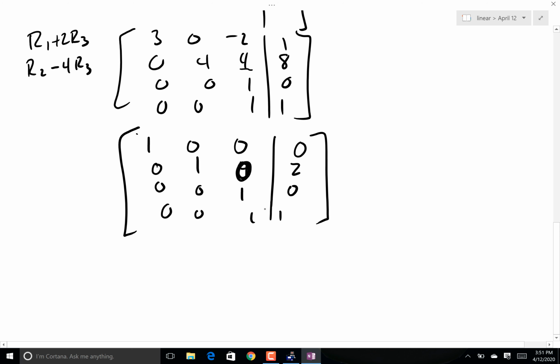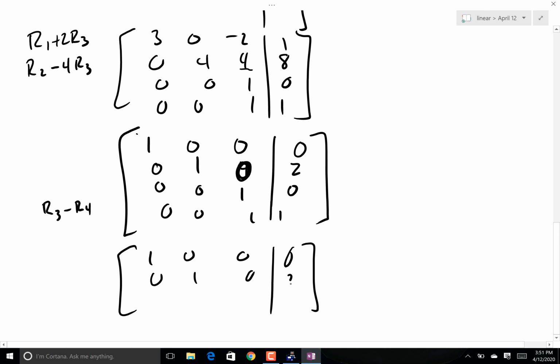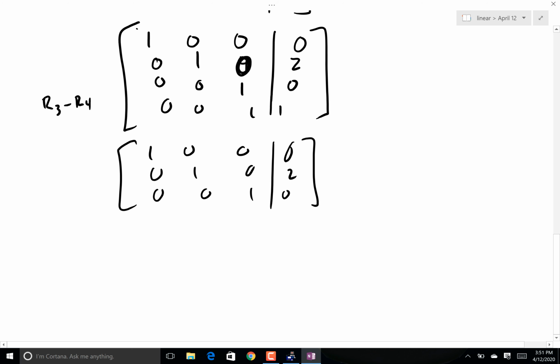So hypothetically, what if I took R3 minus R4? What would happen? If you took R3 minus R4, you would end up with 1, 0, 0, 0, 0, 1, 0, 2, 0, 0, 1, 0. And then you'd end up with, well, hang on.